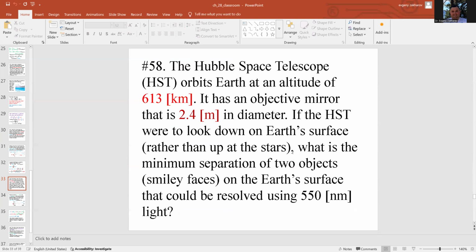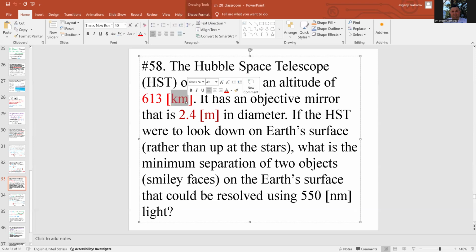Okay, next problem. We got a Hubble Space Telescope. It's not really working anymore. We got the Webb telescope that replaced the Hubble Space Telescope nowadays. Well, the textbook is a little outdated, so let's discuss the Hubble Space Telescope. So it was orbiting the Earth at a certain altitude of 613 kilometers.